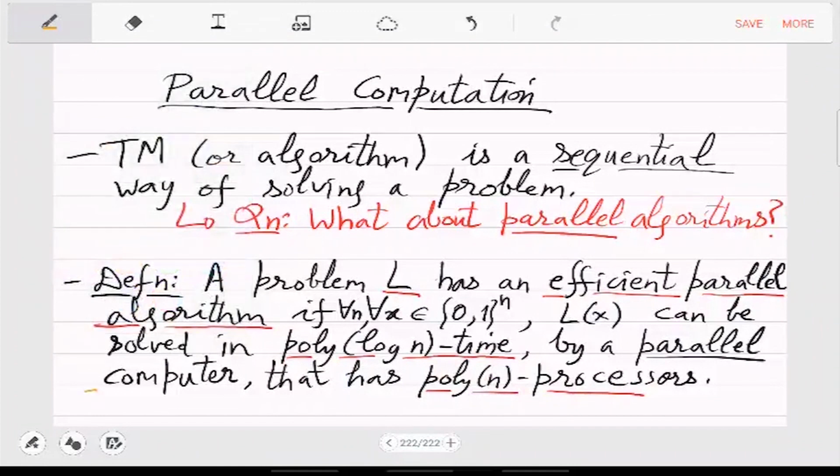So you have to note that poly log n is much less than n. Okay, so in terms of the input size, the time is much smaller. So this is the advantage of parallel computation over sequential.